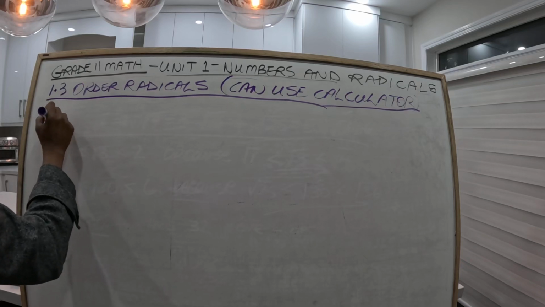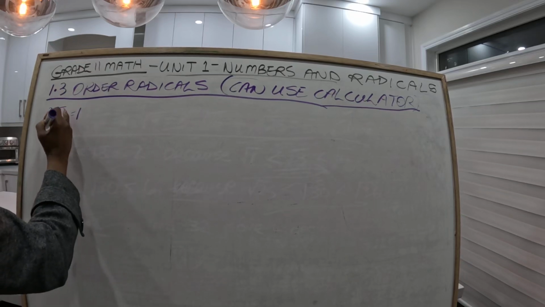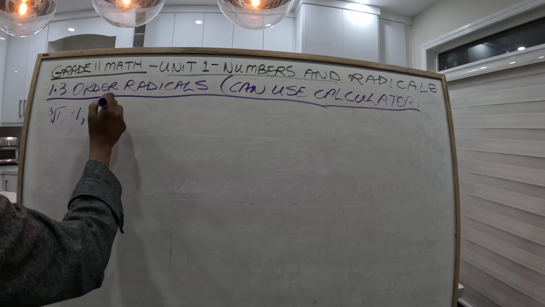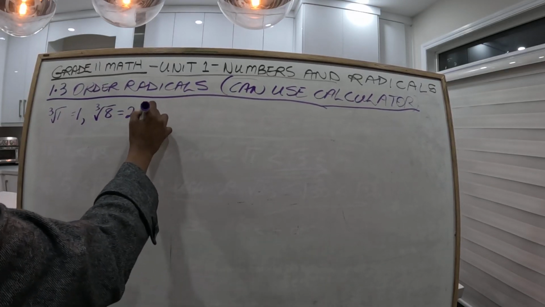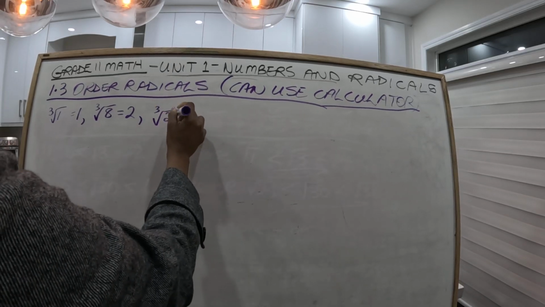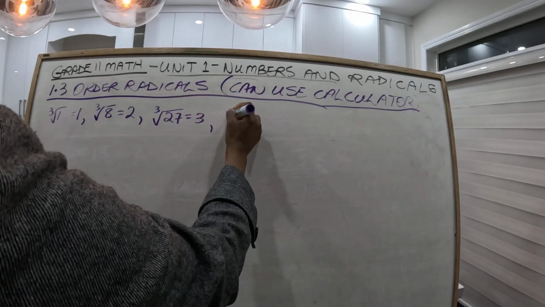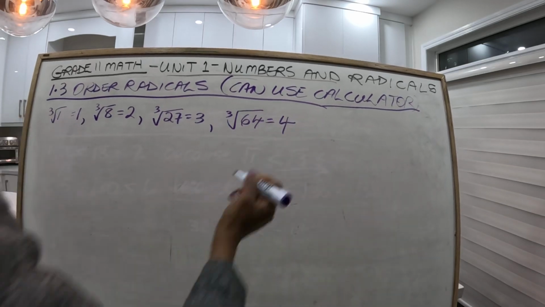The cube root of 1 is equal to 1. The cube root of 8 is equal to 2, because 2 times 2 times 2 is equal to 8. The cube root of 27 is equal to 3. The cube root of 64 is equal to 4.